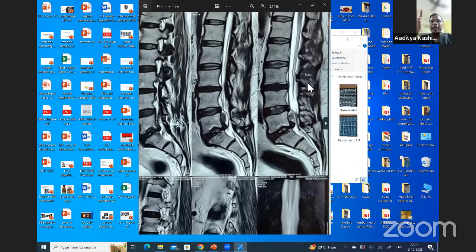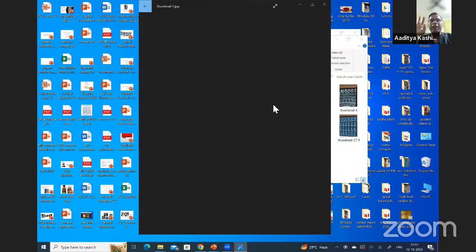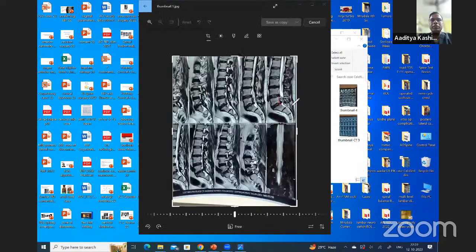Whenever I see any kind of suspicious MRI picture, whether it's on sagittal or axial cut, I practice always to go to the radiologist with whom I have a good rapport. I discuss that MRI, share the clinical picture with them, and find out what it could be.